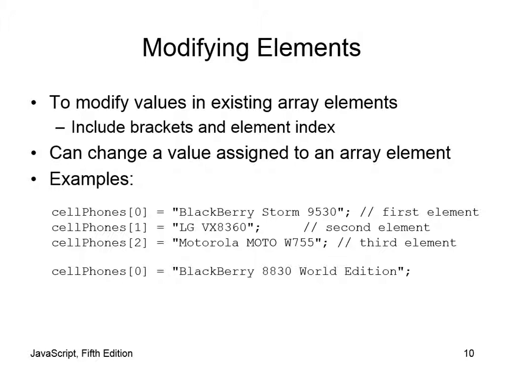Well, it doesn't have to be a loop. I'm just saying, if I assign these straight, okay, what would print out if I did a printout of that array element of cell phone 0, it would print out BlackBerry Storm 9530 right here. But if I did it on the back side of this one, then it's going to print out 8830 World Edition. Okay. Y'all with me?